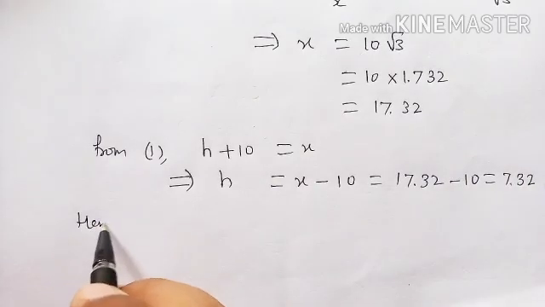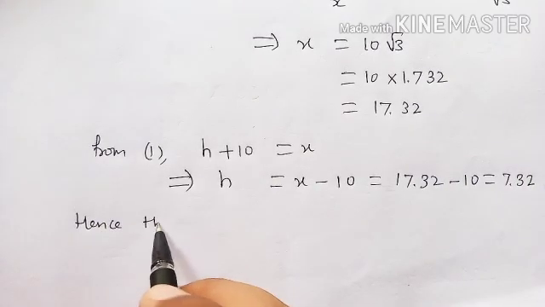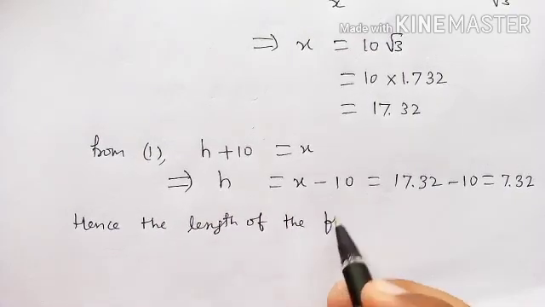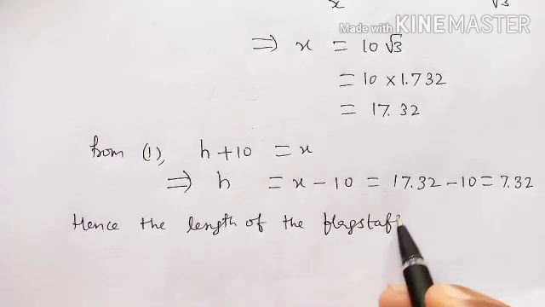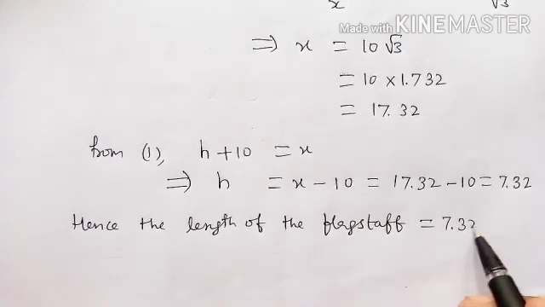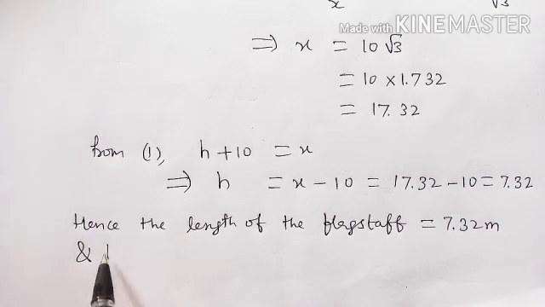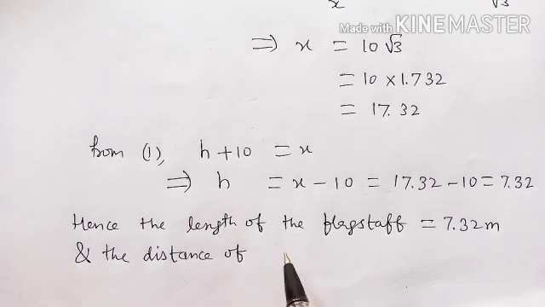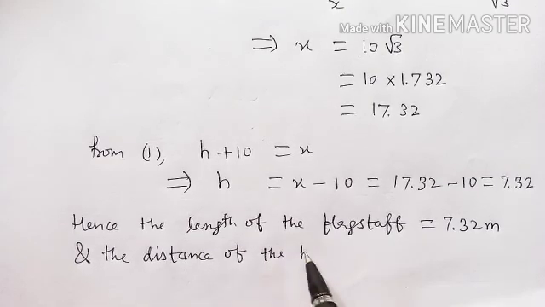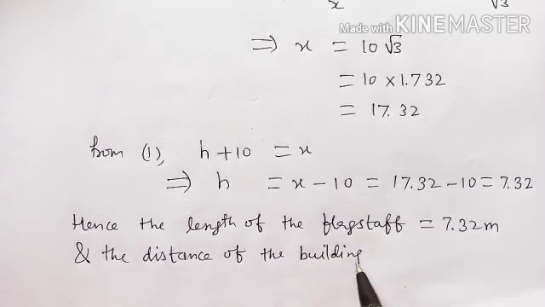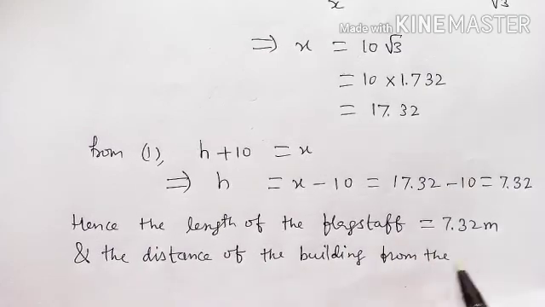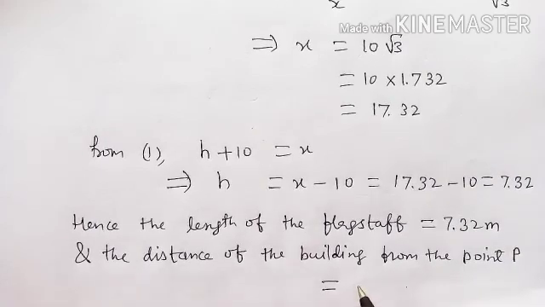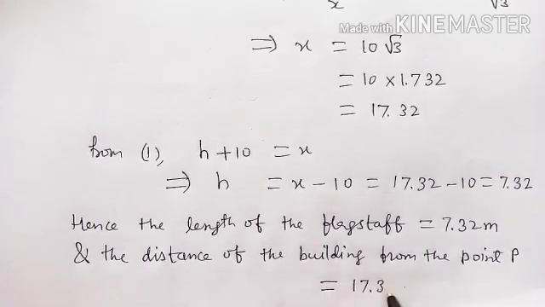Hence the length of the flag staff is 7.32 meter and the distance of the building from the point P is equal to 17.32 meter.